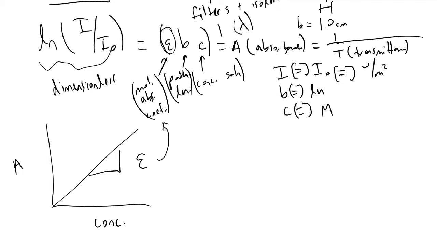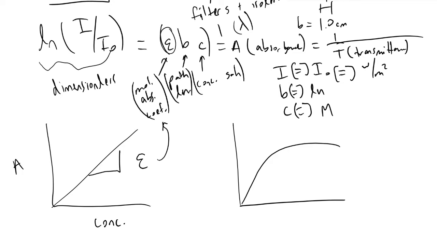Now, it is important to note one con with the Beer-Lambert law, and that is at very low concentrations and at very high concentrations, we no longer observe linear behavior.